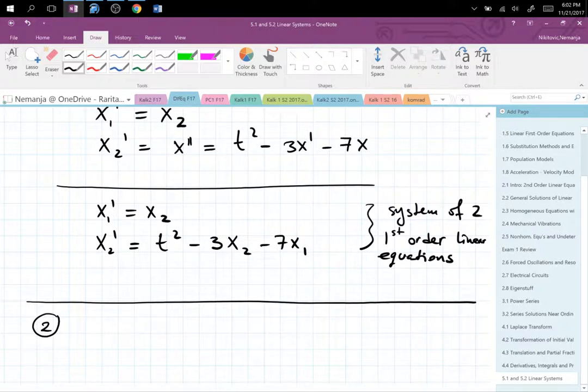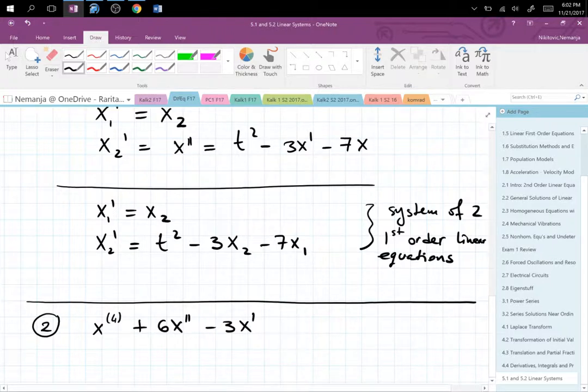Number 2 has the fourth derivative of x plus 6x, the second derivative, minus 3x prime, first derivative, plus x equals cosine 3t.